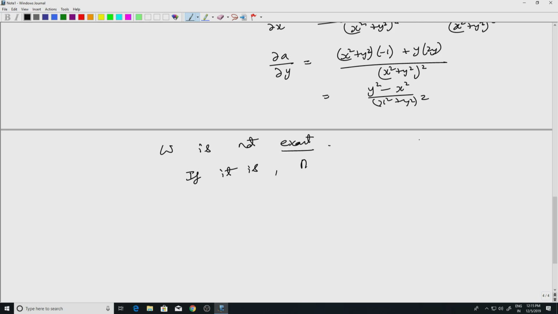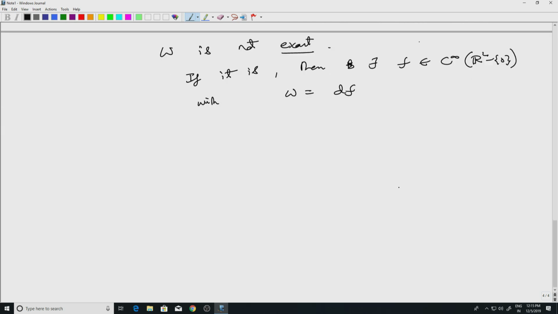If it is, then there exists a C infinity function f on R2 minus 0 such that omega equals df. Let's quickly see why this gives a contradiction.